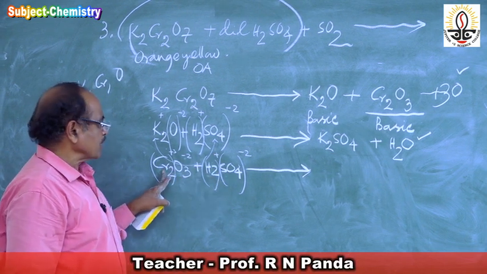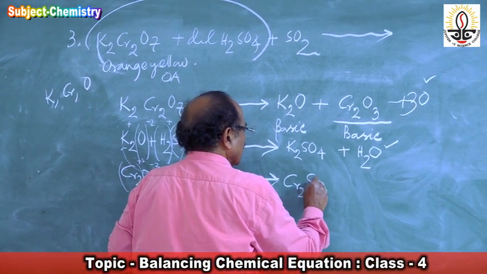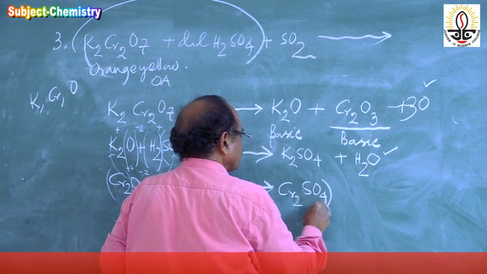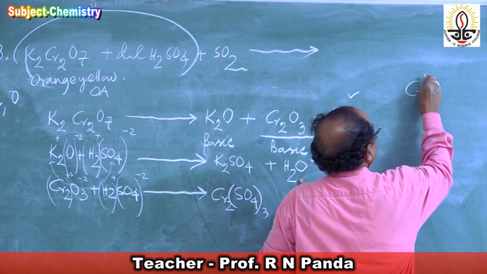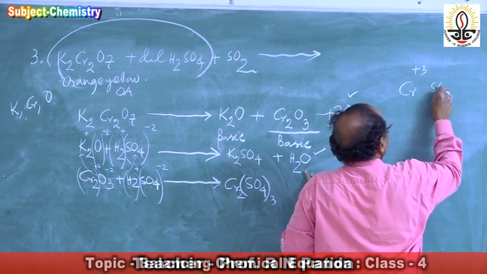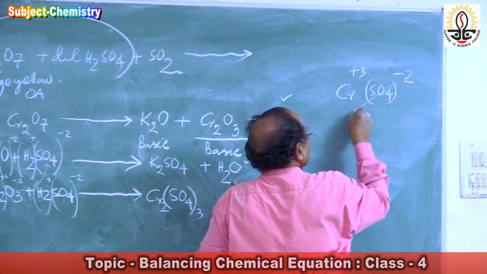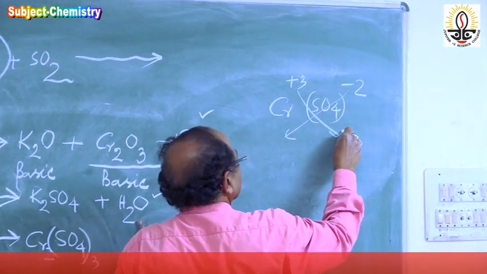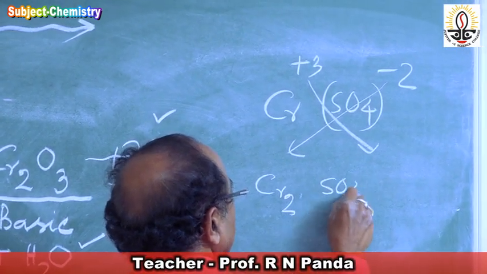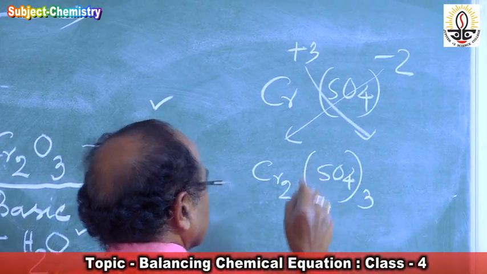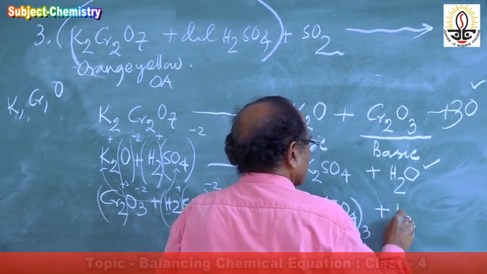So chromium plus 3 will react with sulfate to form Cr2(SO4)3. How did I get it? Chromium's charge is plus 3, sulfate charge is minus 2. This will come to this place, and this will go to this place. So this becomes Cr2 and this becomes sulfate thrice. So I got Cr2(SO4)3 plus water.